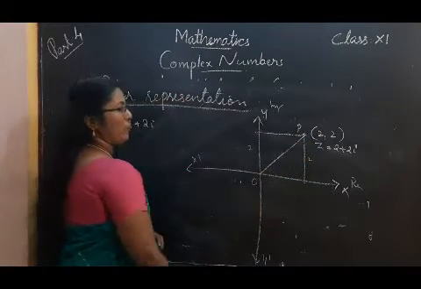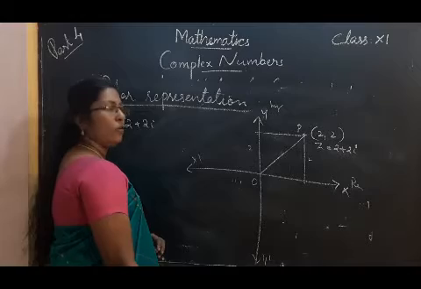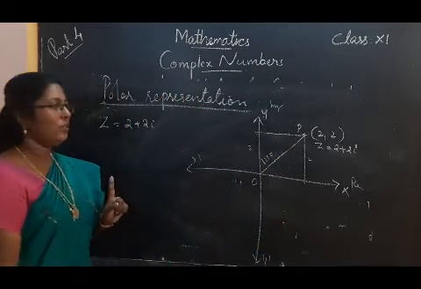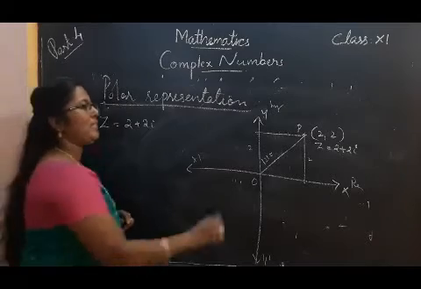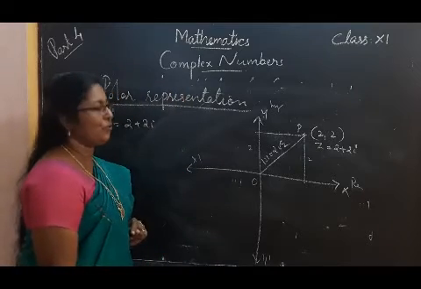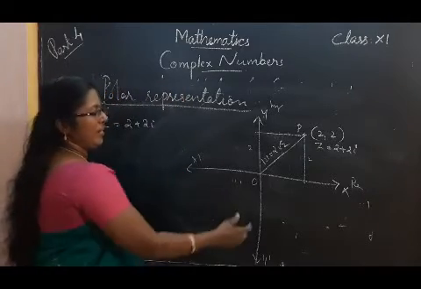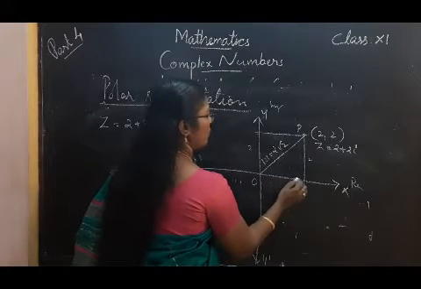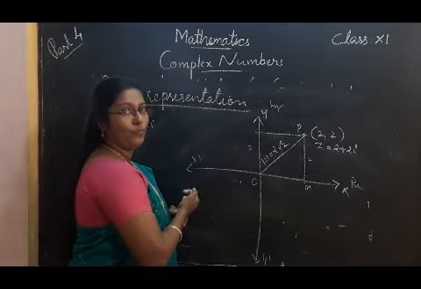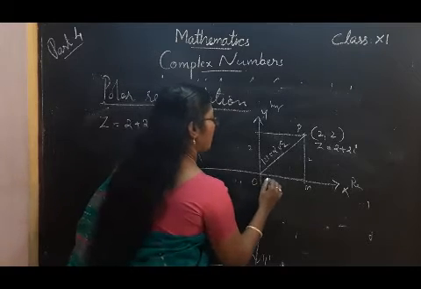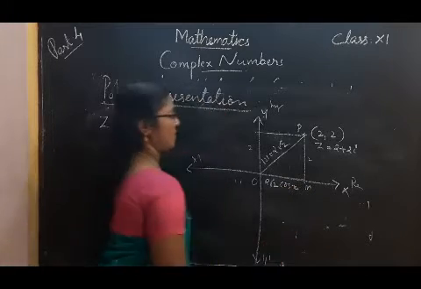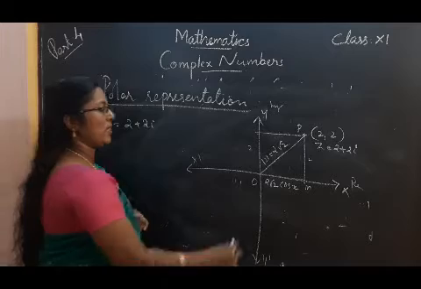Then join OP. What about OP, or the magnitude of Z? It equals root of 2 square plus 2 square, that is 2 root 2, isn't it? Yes, 2 root 2. Here we can write the length of OM as 2, or in another form, 2 root 2 cos theta.